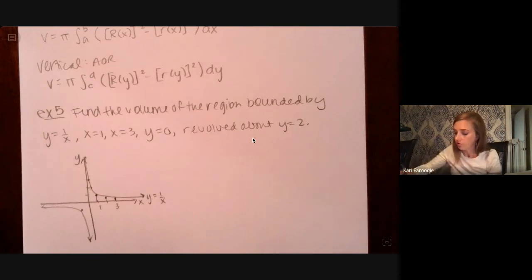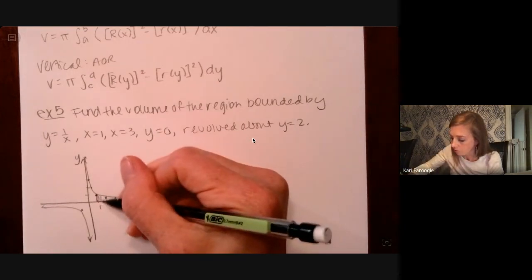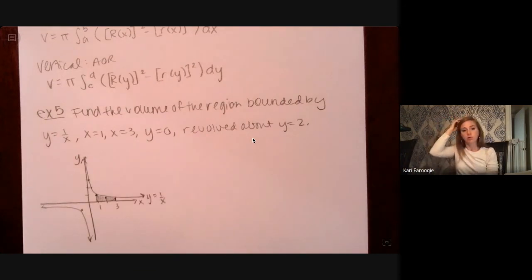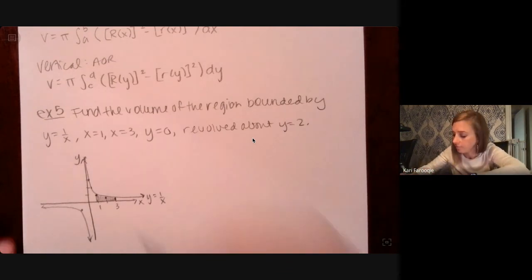And we're revolving this about the line. Oh, I guess we should fill in our region first. All right, so we're going from 1 to 3. We're revolving this about y equals 2. Y equals 2 is a horizontal line.